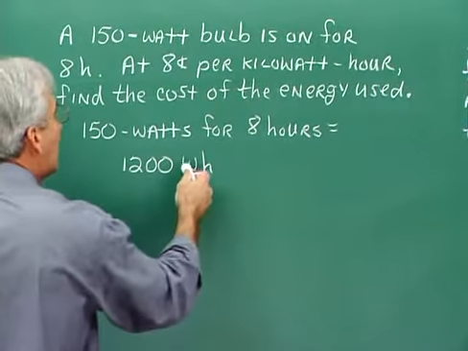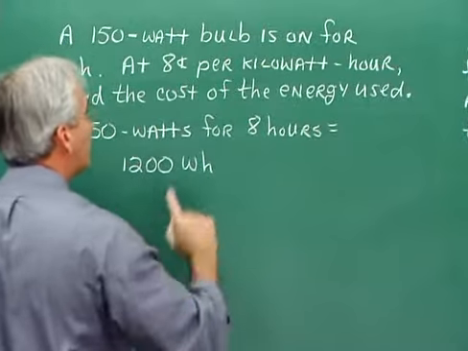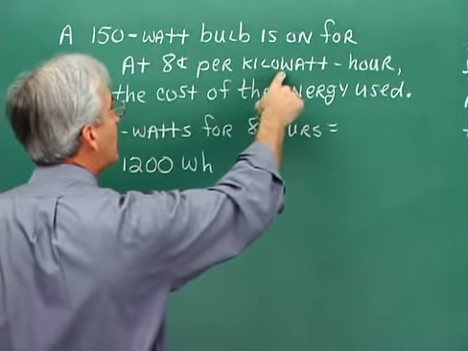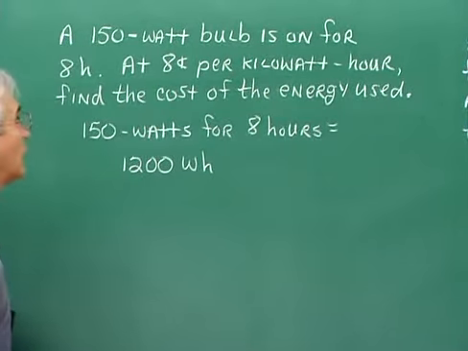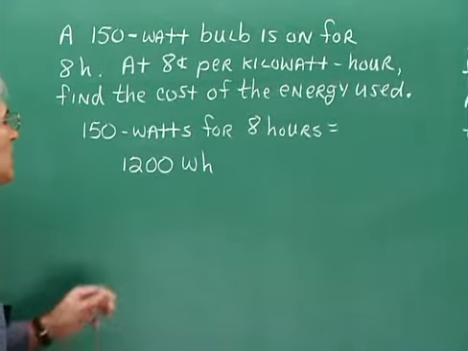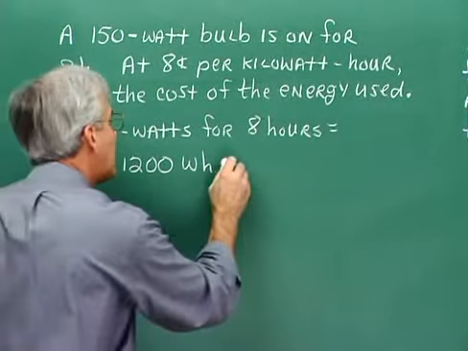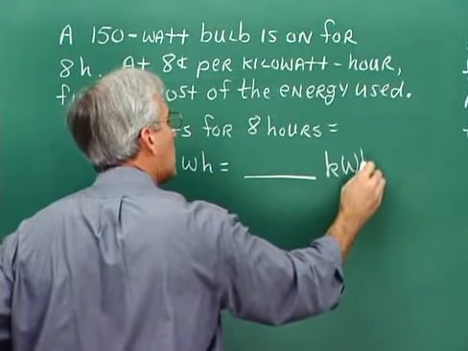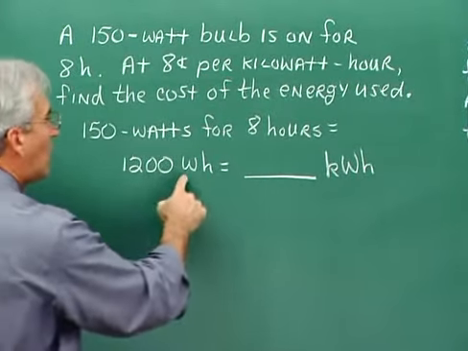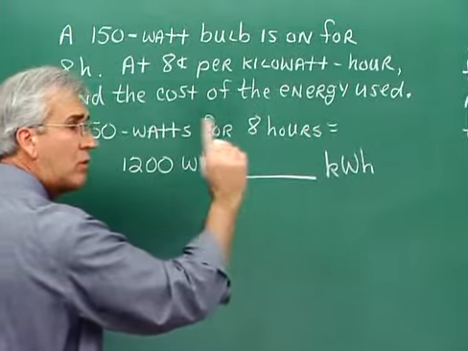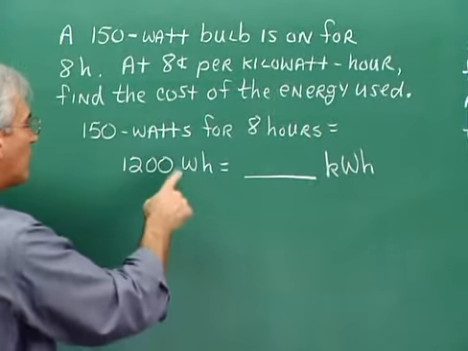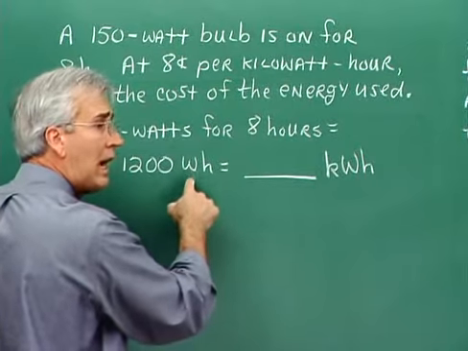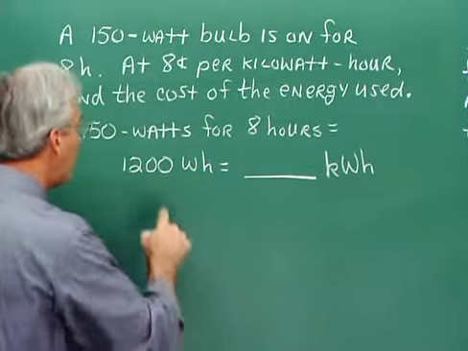But that's not the way the cost is listed. The cost is listed in terms of kilowatt hours. You see, it's so much per kilowatt hour. And so now we have to change this into some number of kilowatt hours. We're going to a larger unit. There are fewer of them. We divide to get fewer. There are 1,000 watt hours in 1 kilowatt hour, so we divide by 1,000.